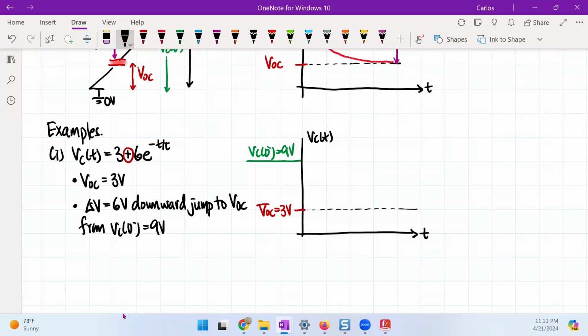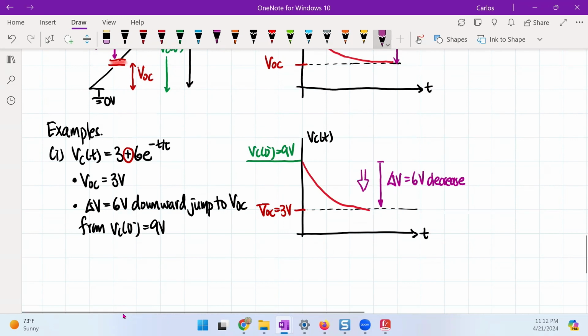I have exponential decay that moves from 9 to 3. And the jump from here to here tells me that it's a delta V equal to a 6 volt decrease, meaning that it's moving in the downward direction here.